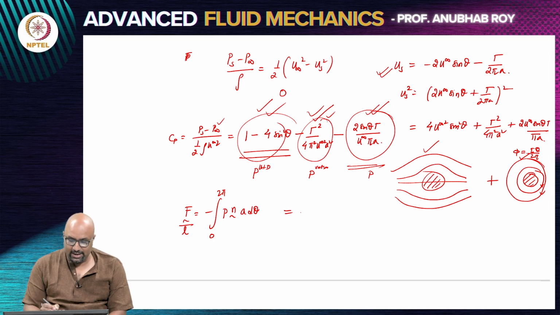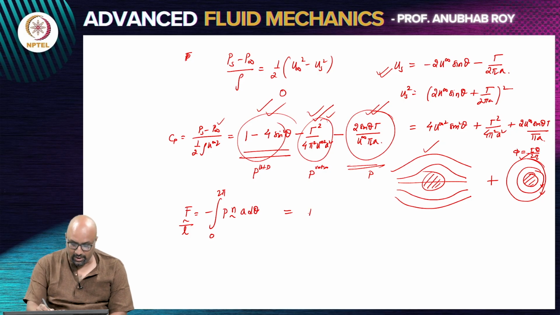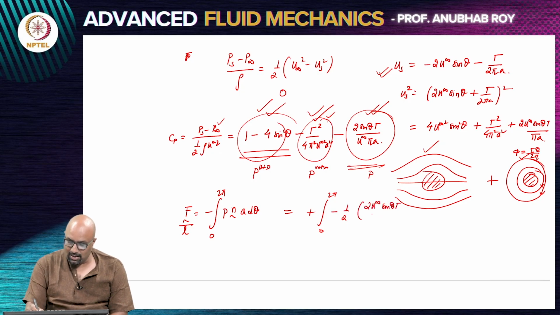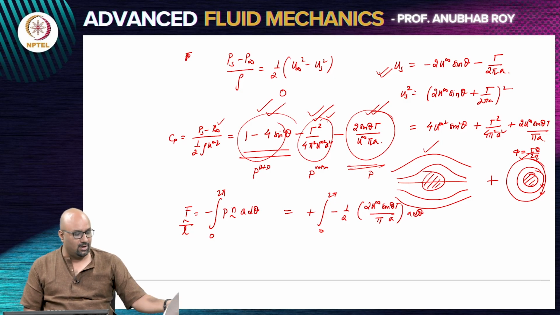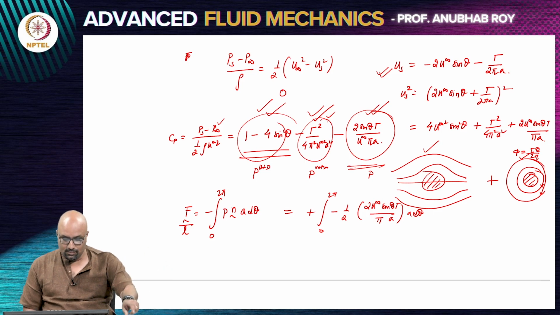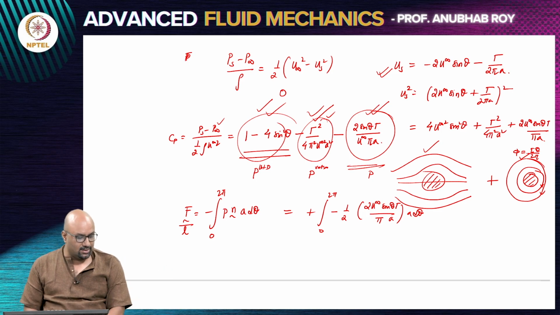So, the only integration that I care about or should be doing is integral 0 to 2 pi of minus half 2 u infinity sin theta gamma by pi a d theta, right. The other ones are not going to contribute in any form whatsoever. The other ones are going to be identically 0.